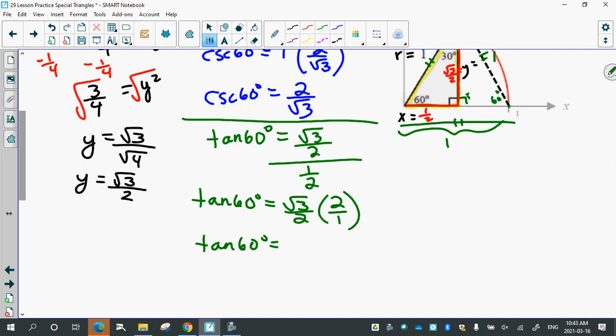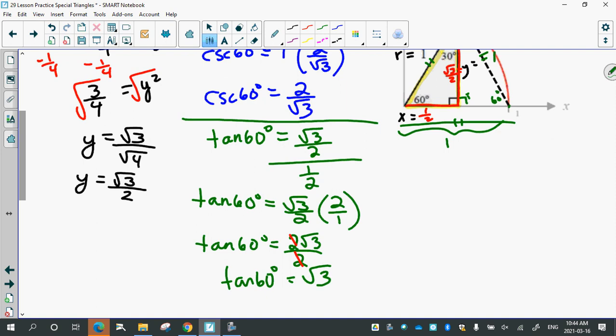So root 3 times 2, I could write as 2 root 3. 2 times 1 is 2. What happens to the 2's? They cancel. So the tan of 60 is going to end up being exactly the square root of 3.